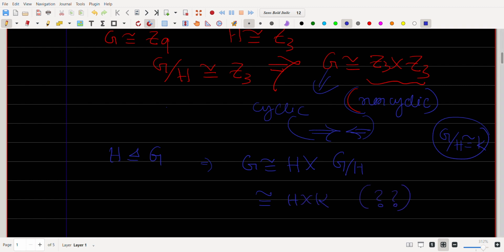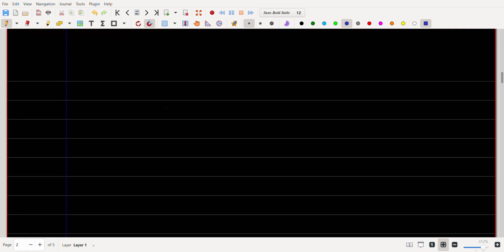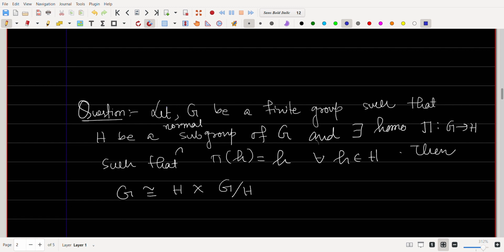So when can we say this holds? The next question is this: if G is a finite group such that H is a normal subgroup of G and there exists a homomorphism pi from G to H satisfying pi of h equal to h for all small h belonging to capital H, then this holds.